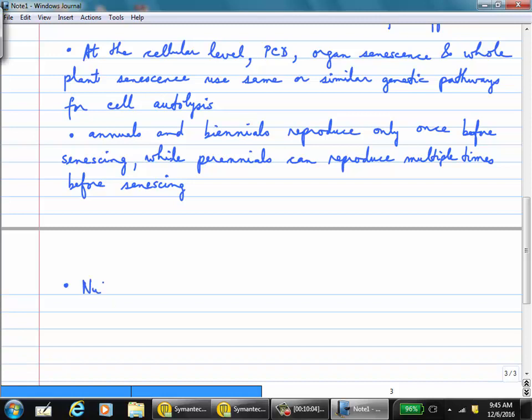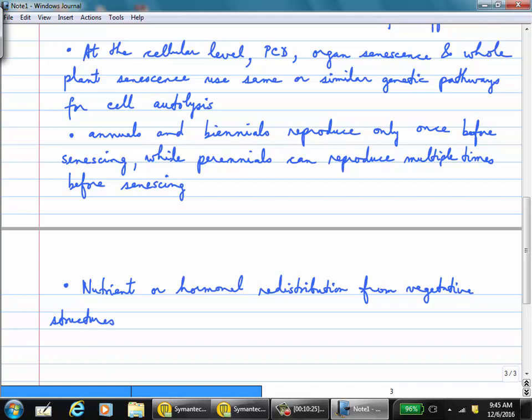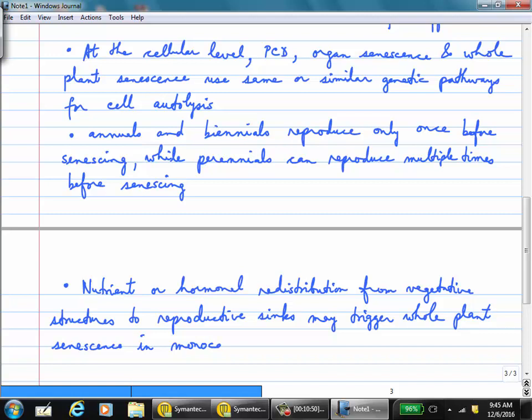So nutrient or hormonal redistribution from vegetative structures to reproductive sinks may trigger whole plant senescence in monocarpic plants.